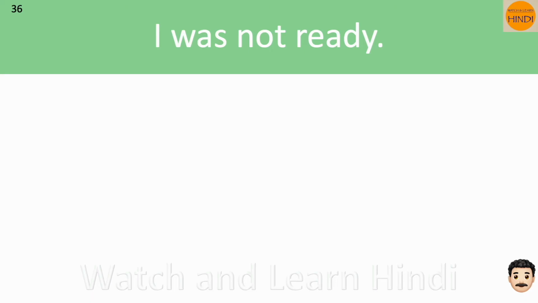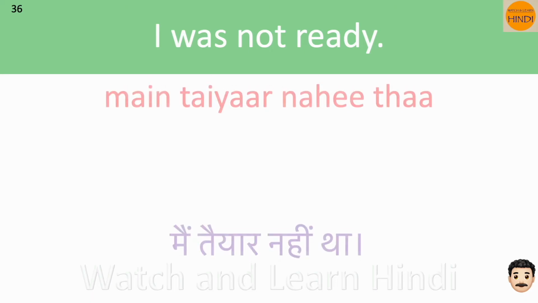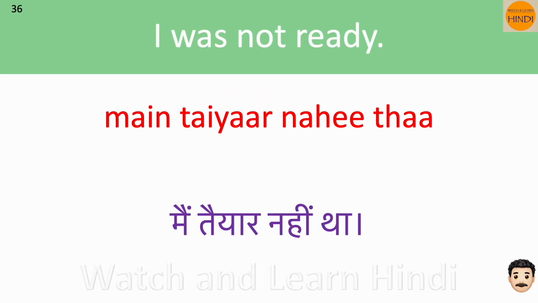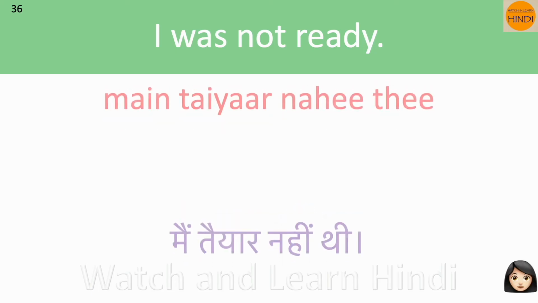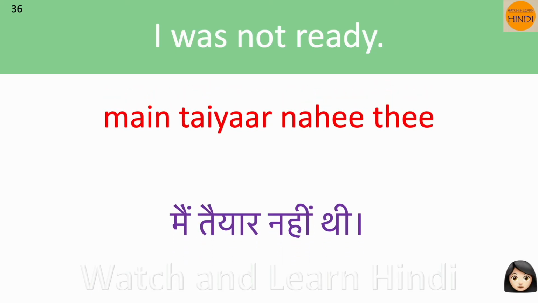I was not ready. मैं तैयार नहीं था. As you already know, तैयार is ready and नहीं is not. मैं तैयार नहीं था. I was not ready. मैं तैयार नहीं थी. I was not ready.